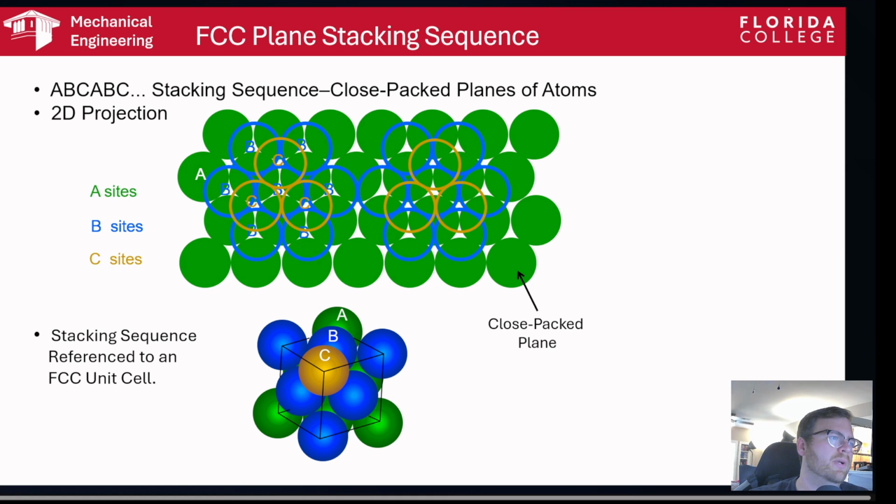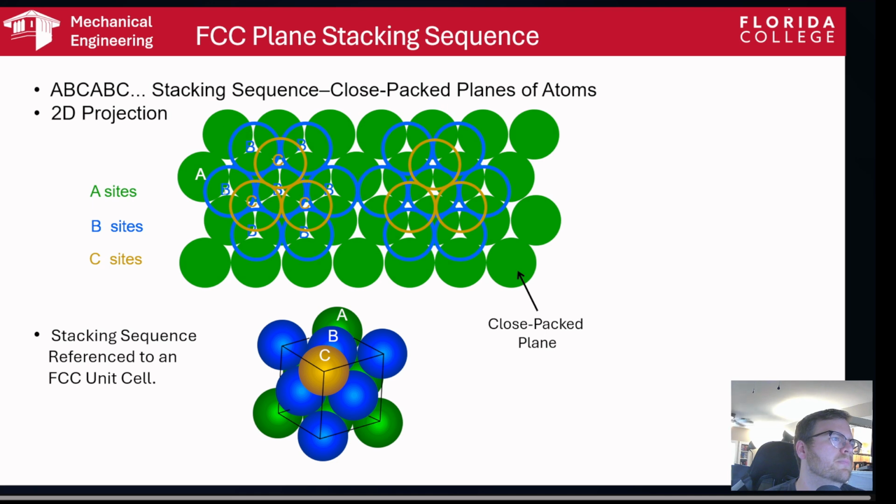And so that kind of brings us into something called stacking sequence. You can think of certain crystal structures, especially FCC and hexagonal close packed, in terms of a stacking sequence of atoms. I think I discussed this a little bit in our last lesson. The very back stack, you could say, is these green circles.